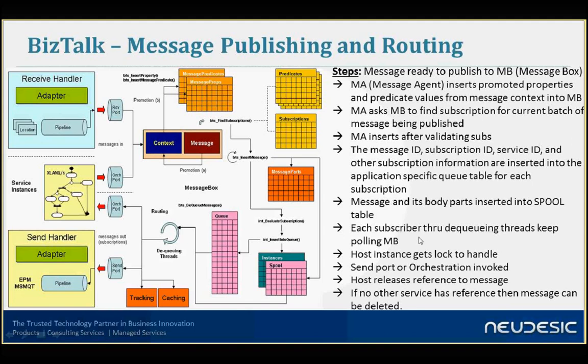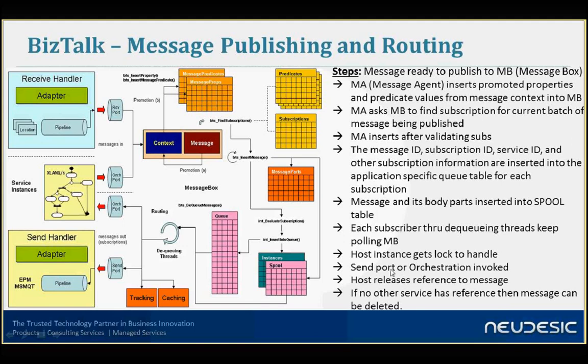Then the message and body parts are inserted into the spool table. Each subscriber, through dequeuing threads, keeps polling the message box for messages, and once messages are there, they start processing them. The host instance gets locked to handle it: whoever is polling gets the message and gets a lock on it. Once it finishes, the send port or orchestration is invoked.